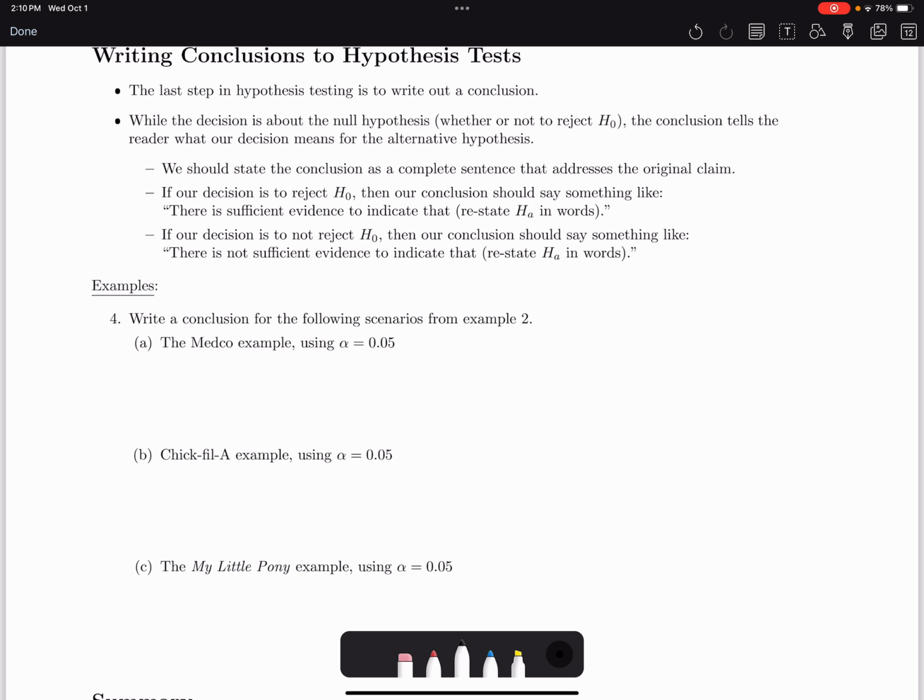If our decision is to not reject the null, then our conclusion should say something like, there is not sufficient evidence to indicate that, and then restate the alternative hypothesis in words. So again, notice that those negations go together. I'll emphasize that in a little bit more detail in a second.